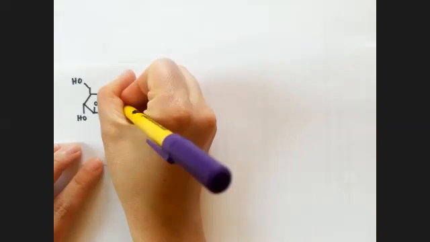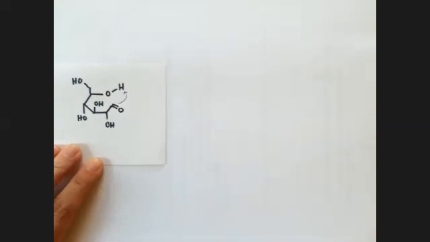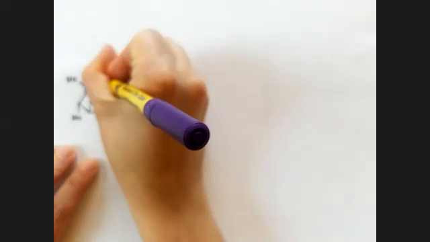The extra electrons in the double bond, a nucleophile, are used to grab the hydrogen from the other end of the chain. The bond between that hydrogen and this oxygen is broken.